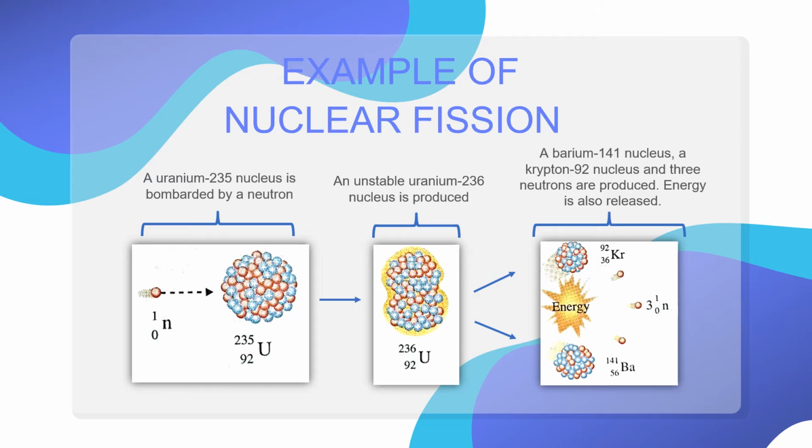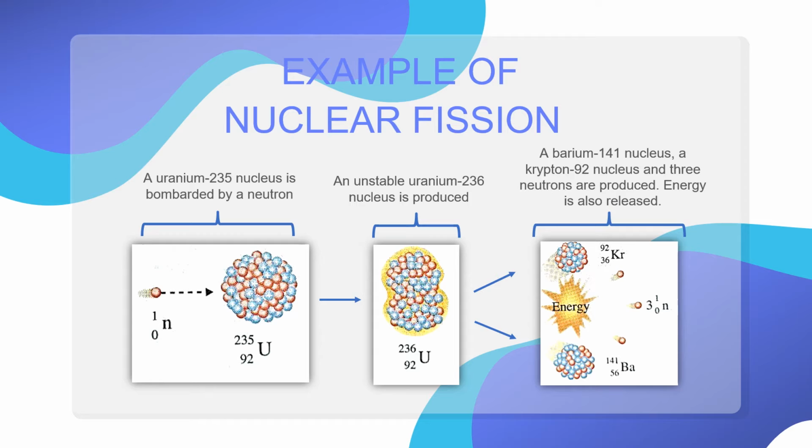Then the process produces a barium-141 nucleus, a krypton-92 nucleus, and 3 neutrons. Energy is also released. The sum of the masses of these fragments is less than the original mass. This missing mass, about 0.1% of the original mass, has been converted into energy according to Einstein's equation.